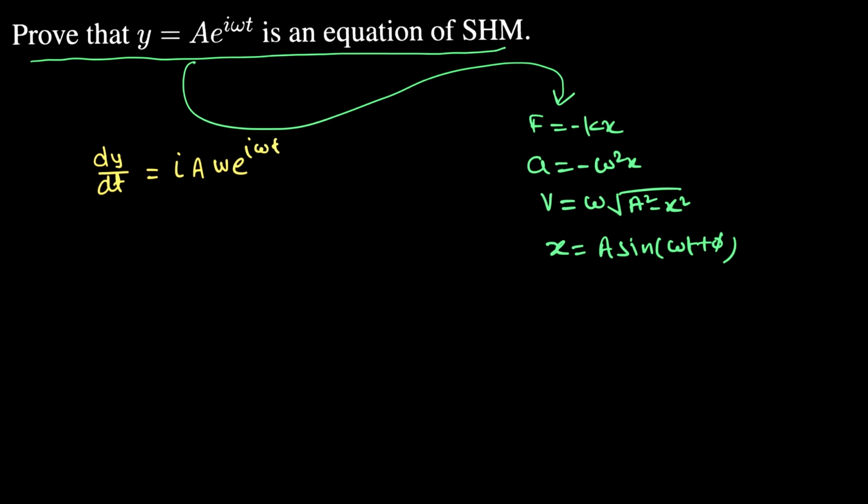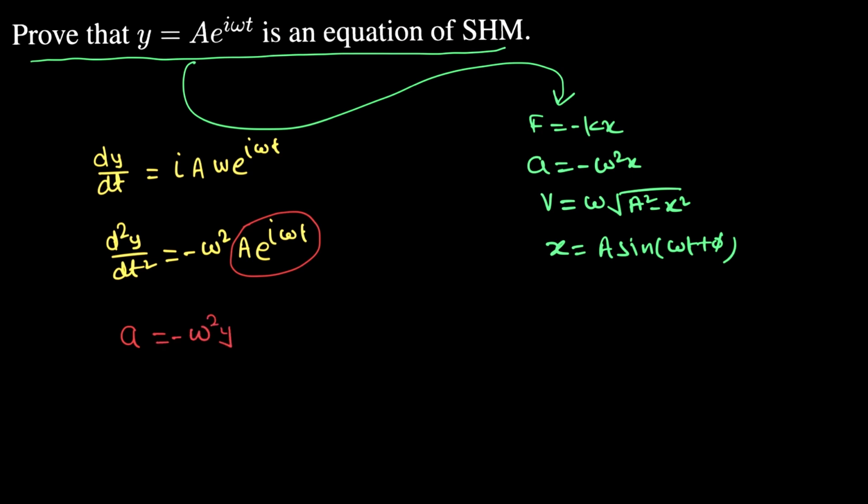And if I differentiate once again, the second derivative d square y by dt square is equal to minus omega square a e power i omega t. And we know this whole thing is y. So we can write a is equal to minus omega square into y.